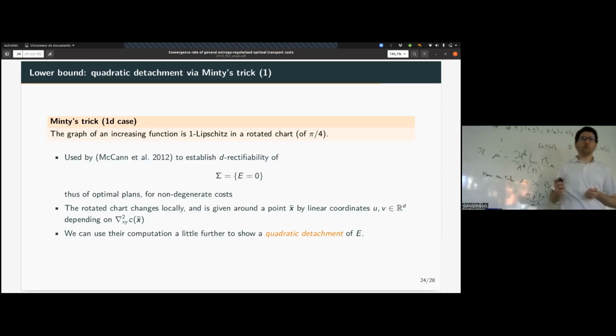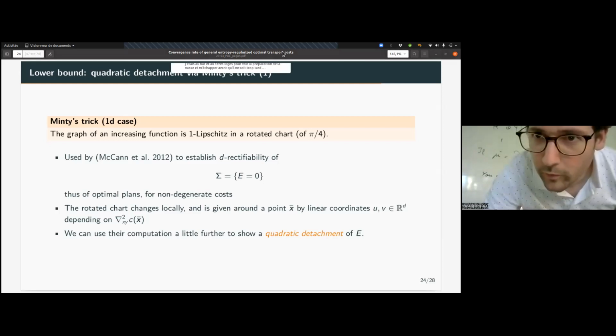To say that, along the graph, the energy is constant, so at each point you have some direction where you grow quadratically, like a power 2 function. And this is quite easy. It can be seen when you take, for example, c equals minus x scalar y.